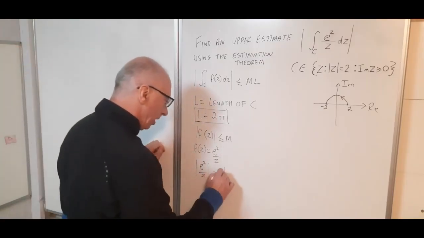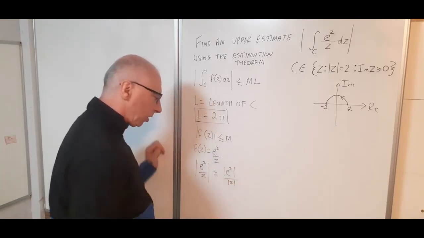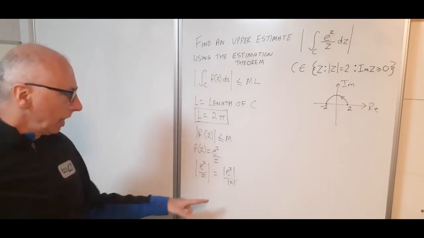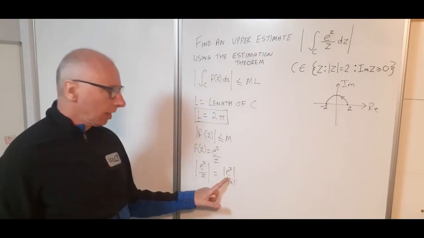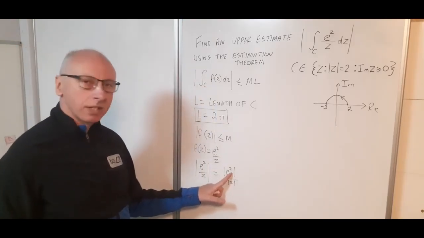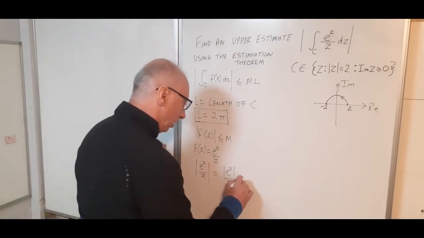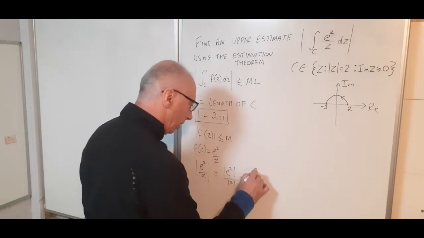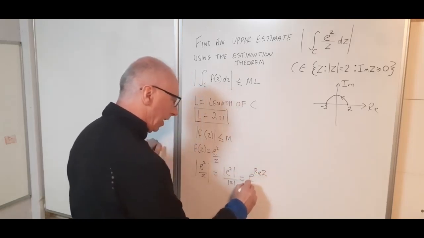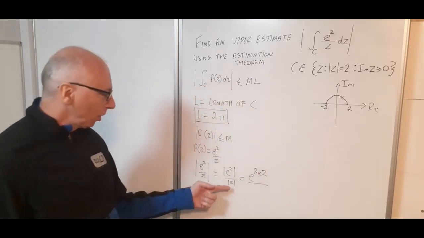So e to the z, let's break this apart. That is the same as the modulus of e to the z over the modulus of z, so that's fine. Now the exponential identity in complex analysis, the modulus of e to the z, is just the same as e to the real part of z. So now I've got e to the real part of z over the modulus of z.